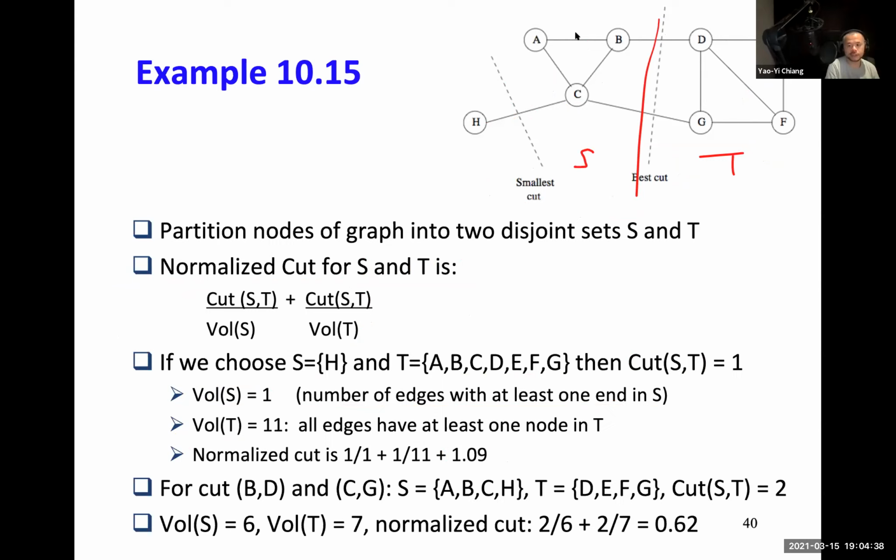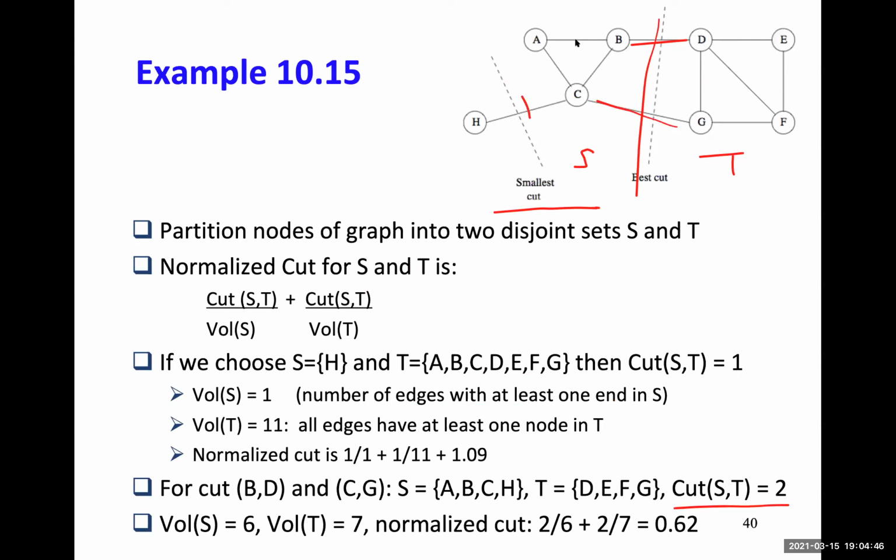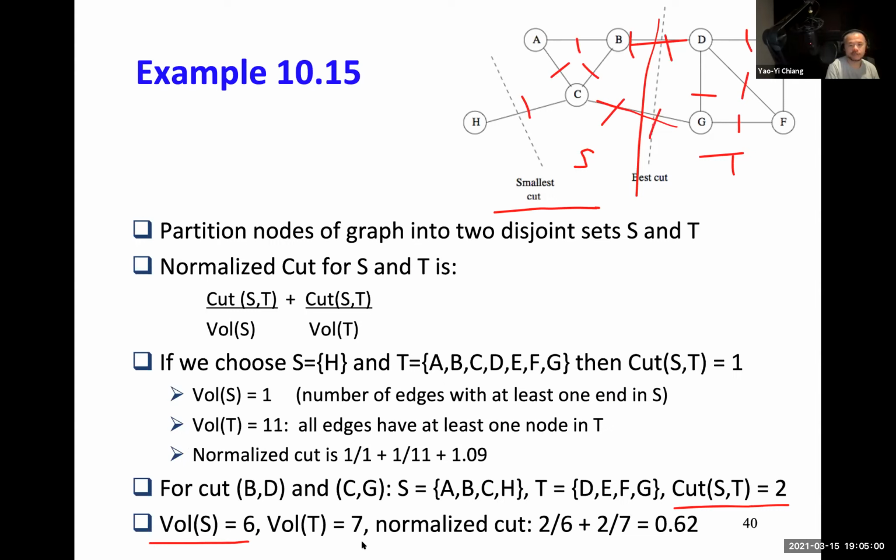So BD and CG. So cut ST is 2. And what is the volume of S? 1, 2, 3, 4, 5, 6. Volume of S is 6. Volume of T, 1, 2, 3, 4, 5, 6, 7. So volume of T is 7.